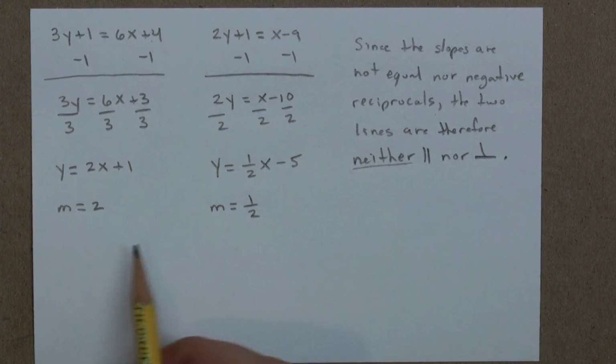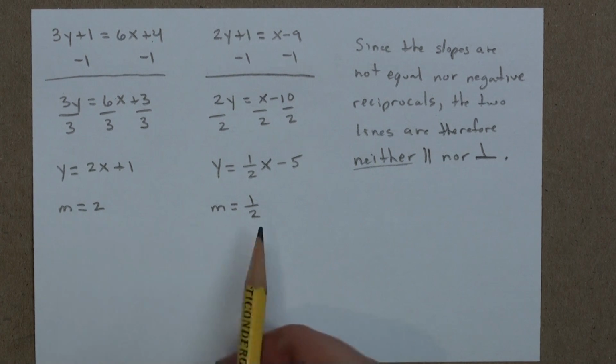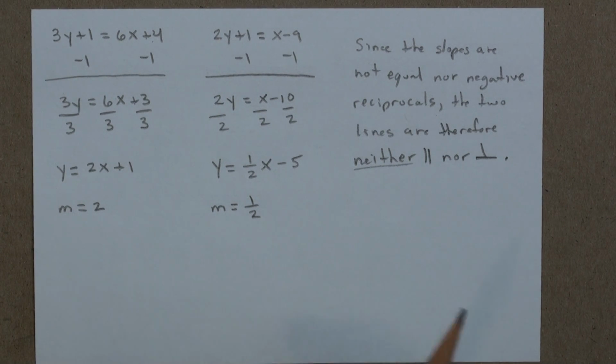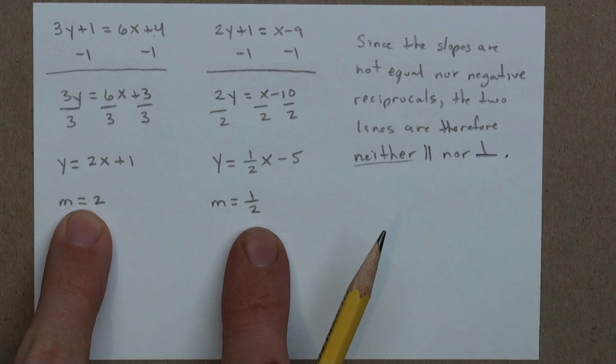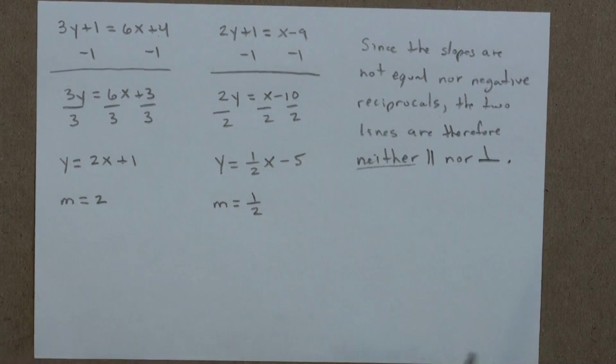If they were both the same, they would be parallel. If they were negative reciprocals, they would be perpendicular. They are reciprocals, right? But they're not negative reciprocals, right?